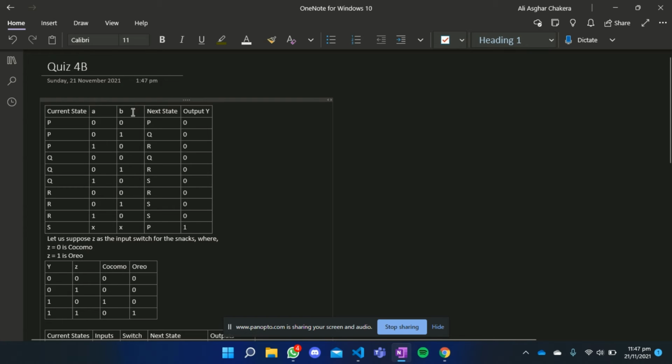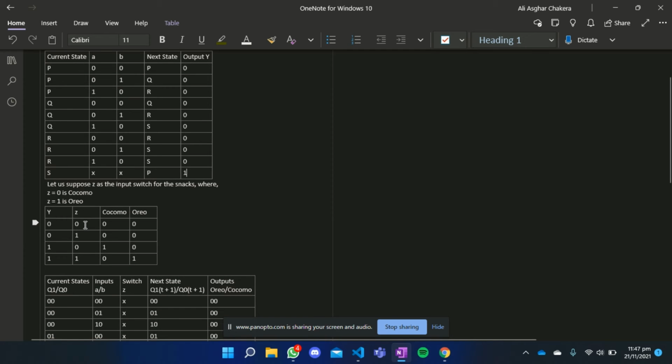So we have created an initial table without that input. And now after we get the output 1, when we reach the S state, we can introduce that input to decide if we want an Oreo or a Kokomo.